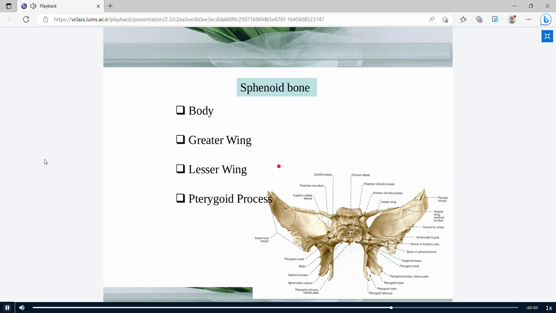So it's divided into four parts: body or central part, lesser wing, greater wing, and pterygoid process.